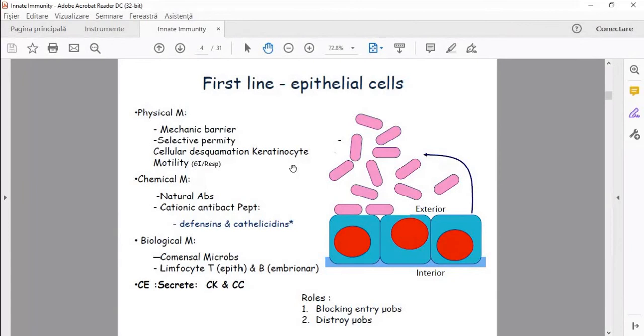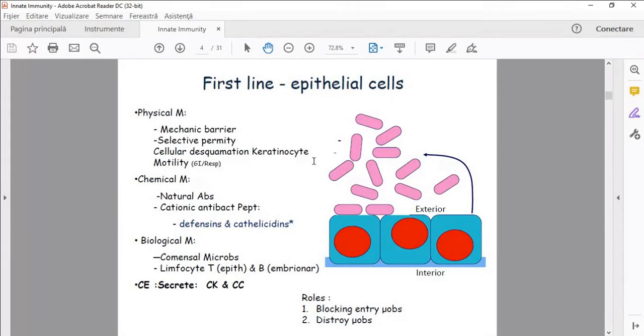Also, this C-reactive protein can act as a chemoattractant, and it also facilitates ingestion and destruction of some microbes by phagocytes. Biological means are represented by commensal microbes.